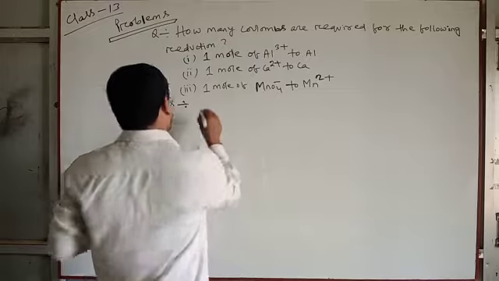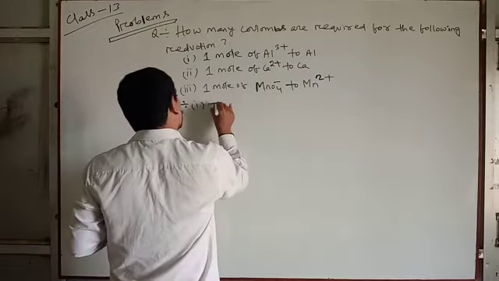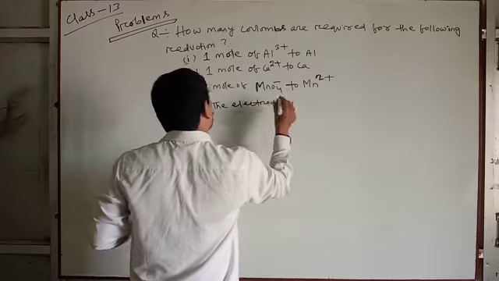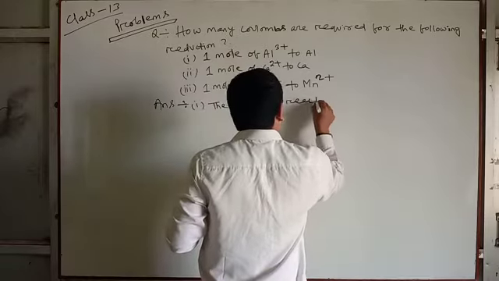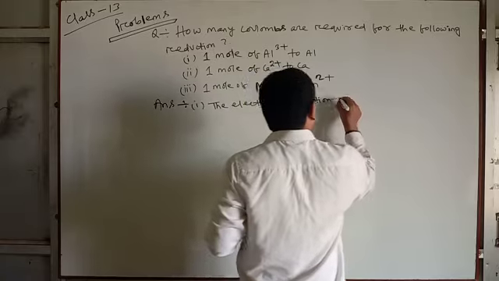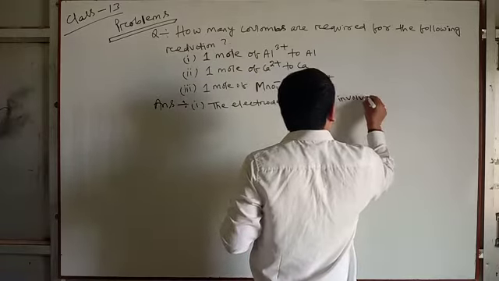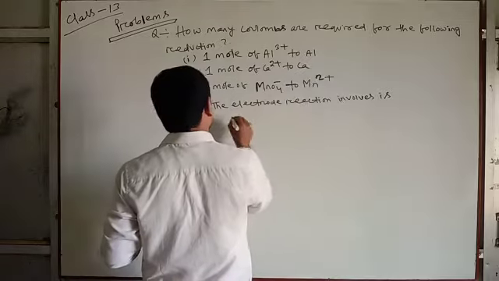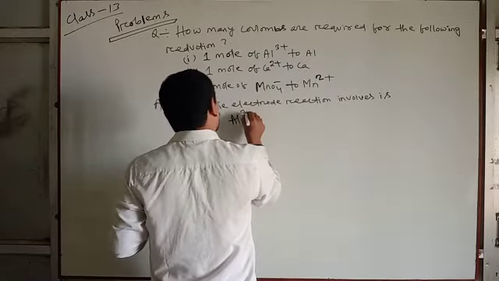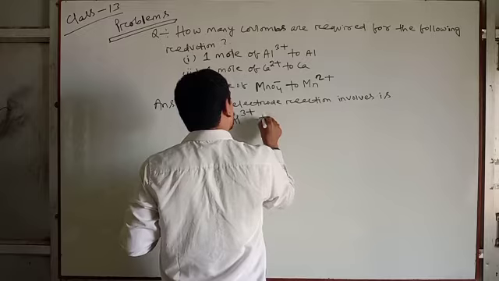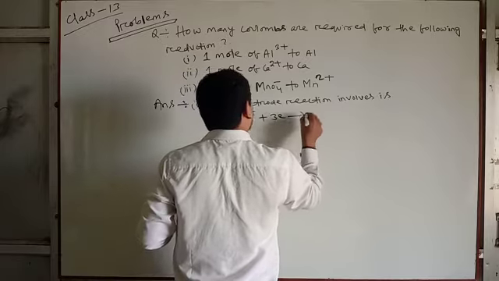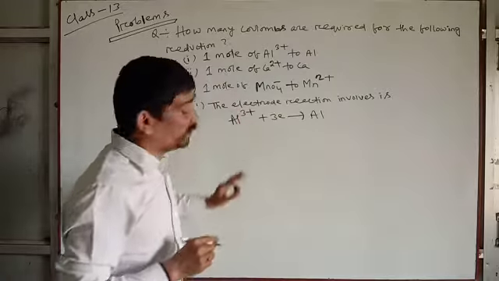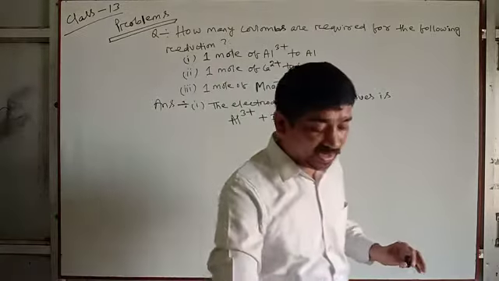First bit. The electron reaction involved is Al3+ plus 3 electrons gives Al.